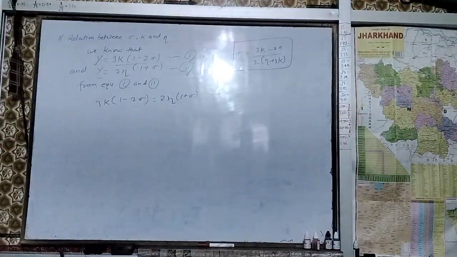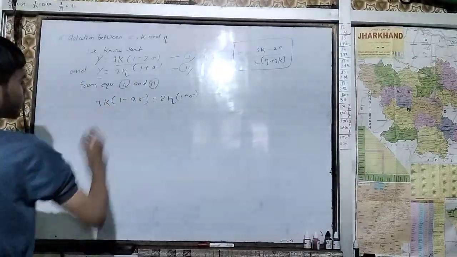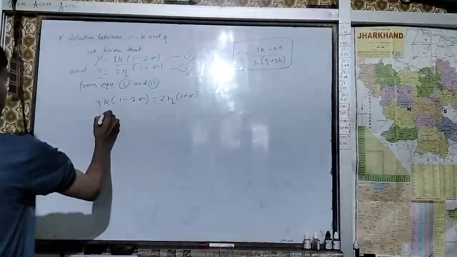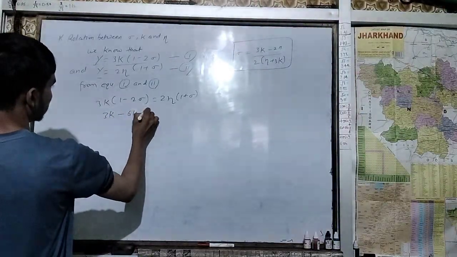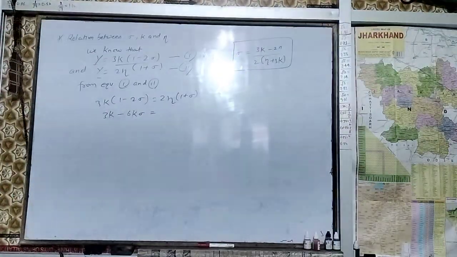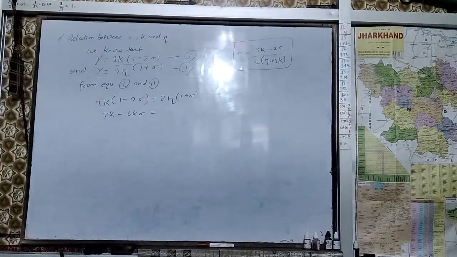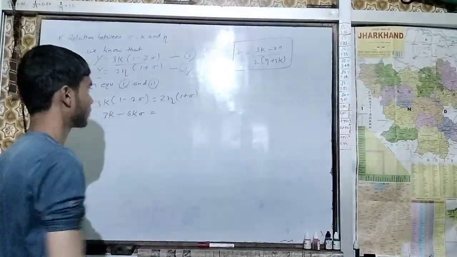Now just multiply. Look at how 3k into 1 is 3k, 3 twos are 6, so 6k times the Poisson's ratio is equal to 2η. Now you can multiply this 2 times the Poisson's ratio with these terms.